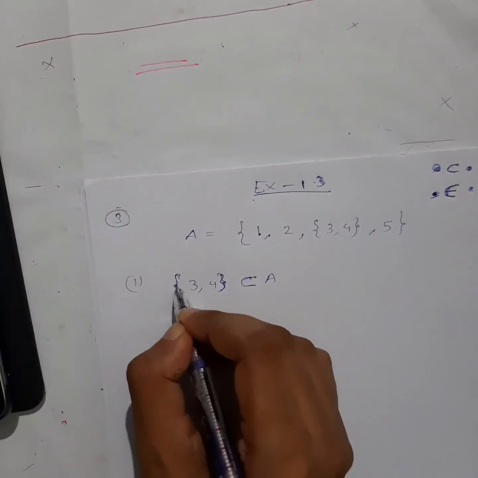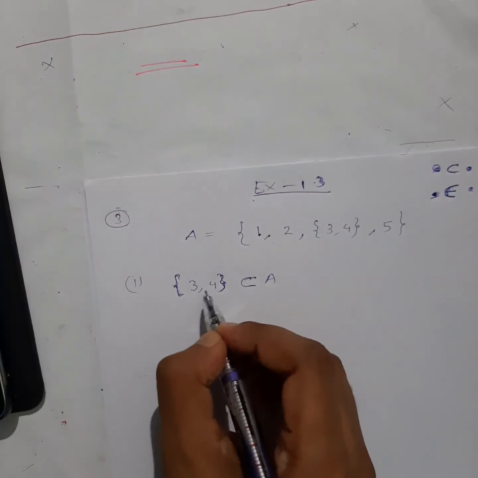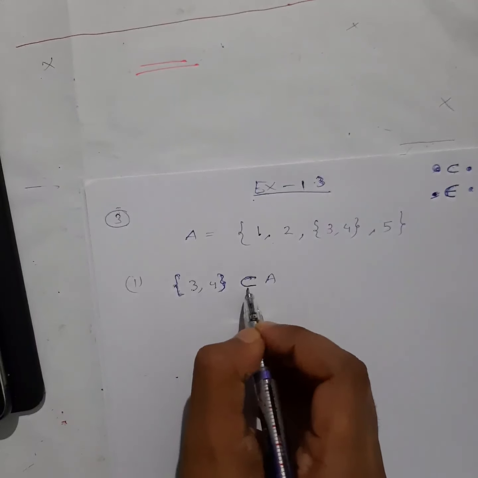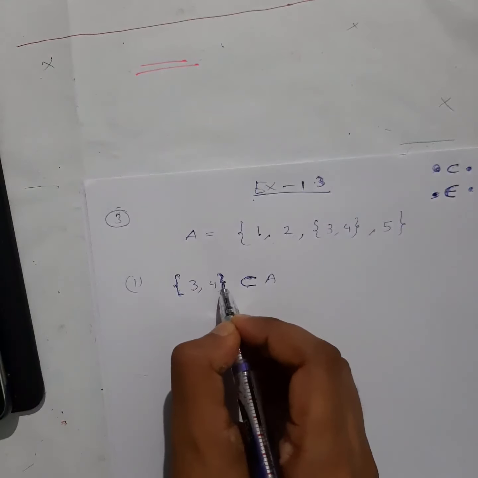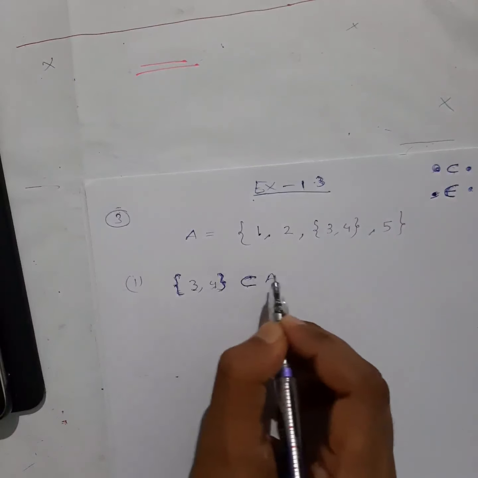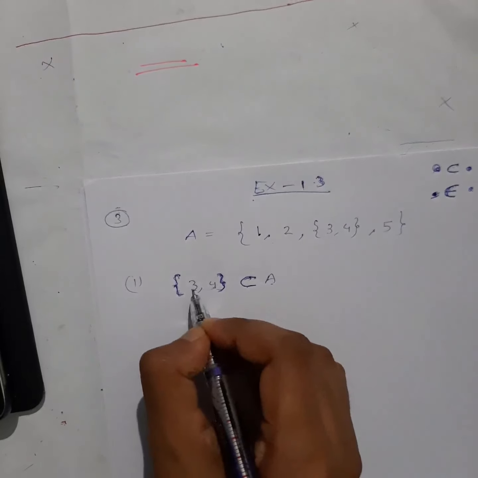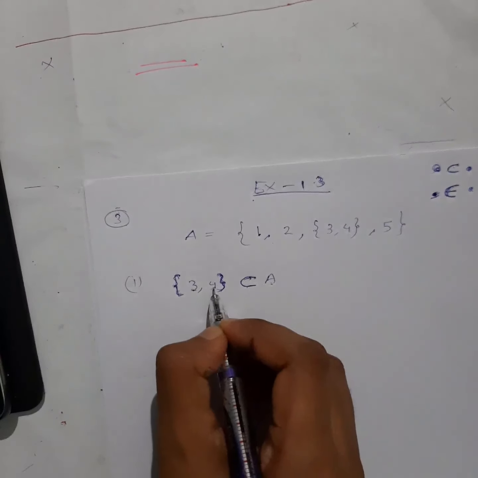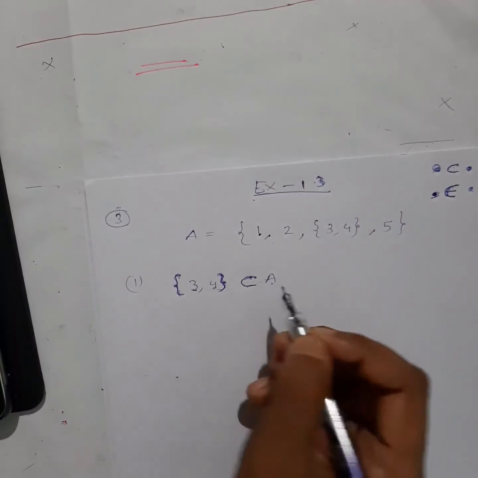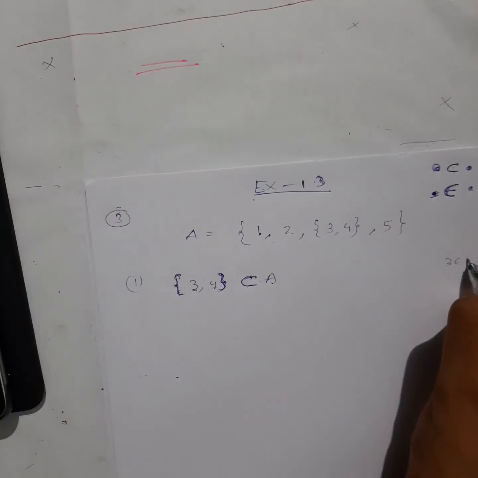Okay, fine, this is a set symbol only, and here the elements are 3, 4. Now this symbol is subset. So when we write this subset, what we understand is that whatever elements are inside this set must be contained here. Contained here means 3 must belong to A and 4 must belong to A.